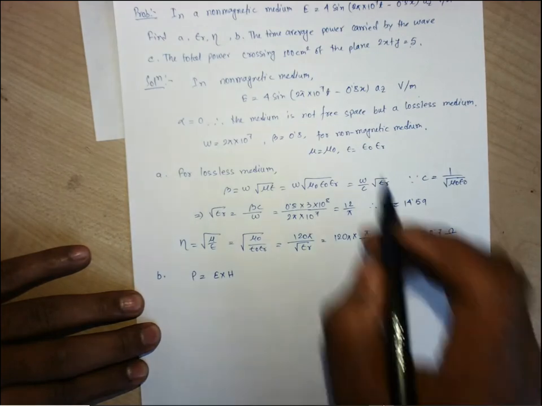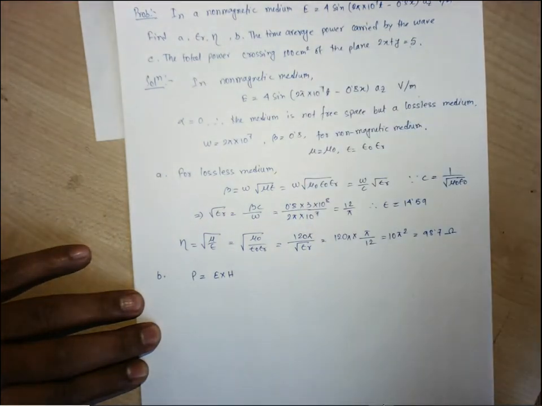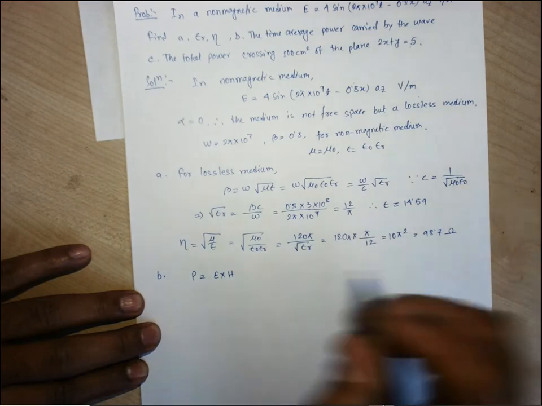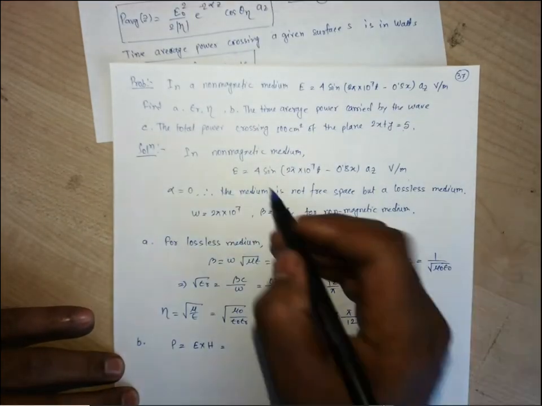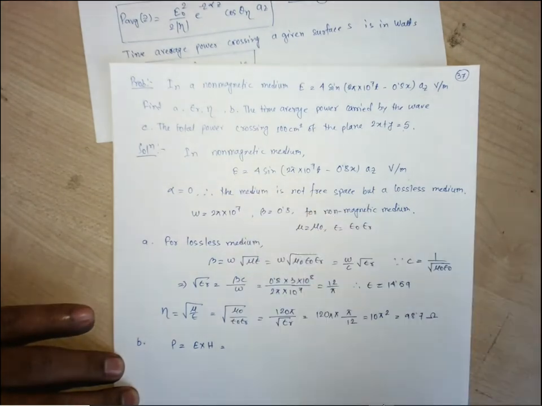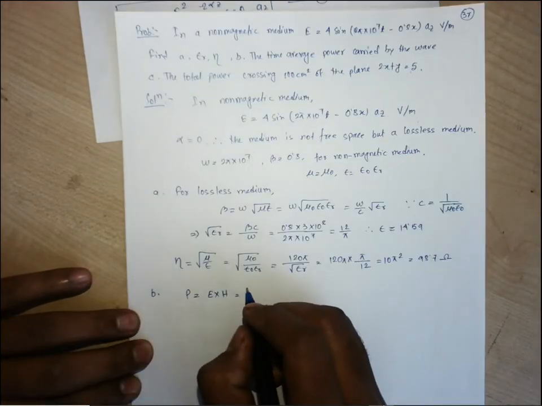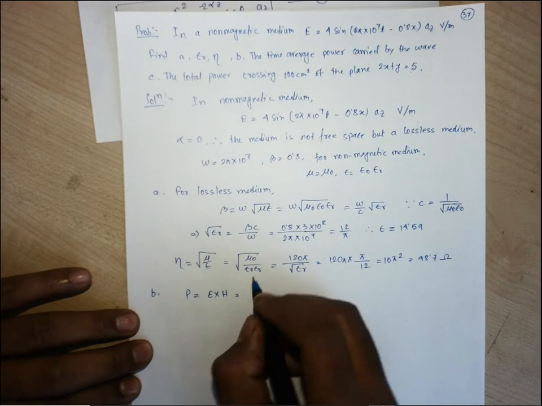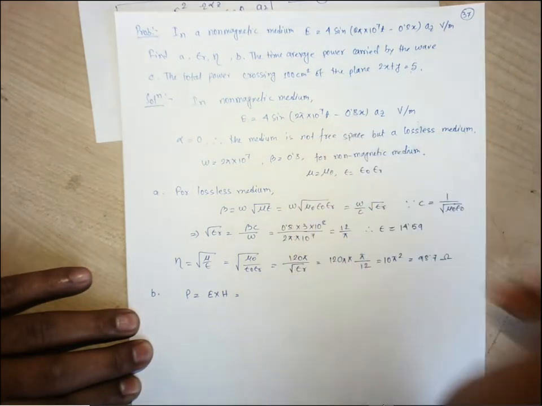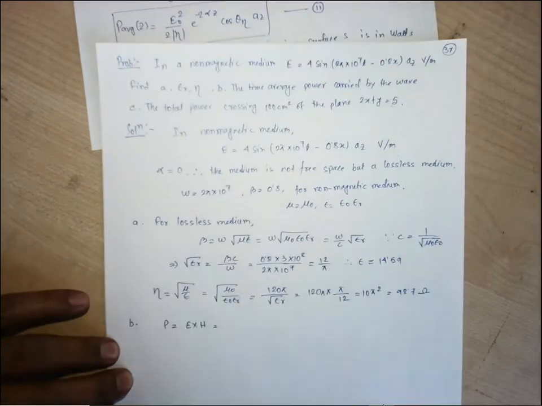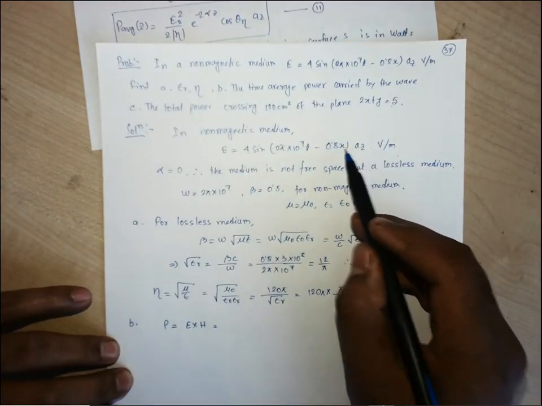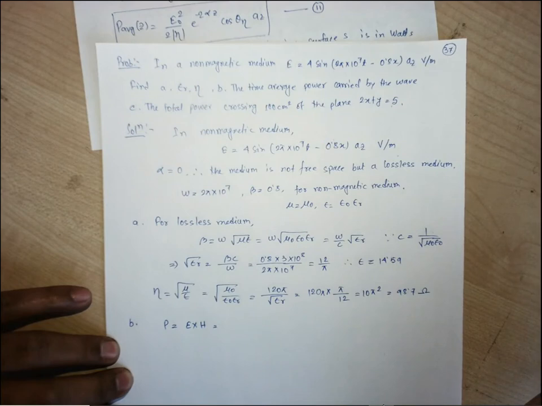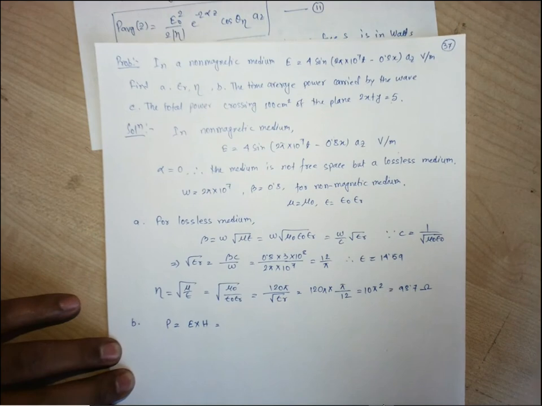H is the same thing divided by eta, right? I'm just writing in terms of omega t minus beta x, right? So just tell me, the wave is propagating along z, right? E is along x. So what will be the direction of H? Just find out.